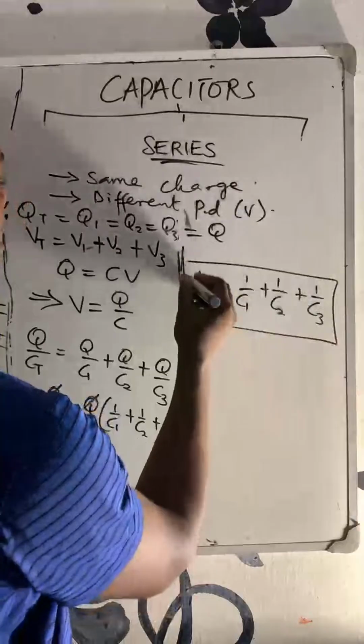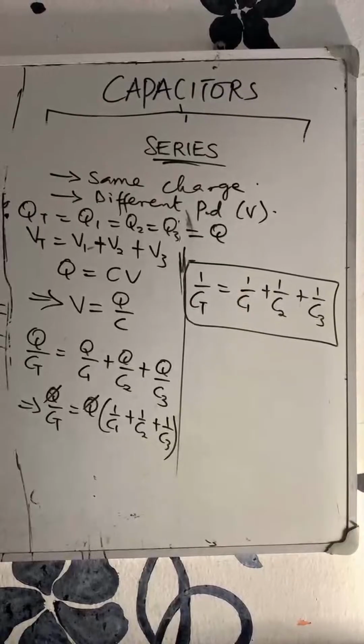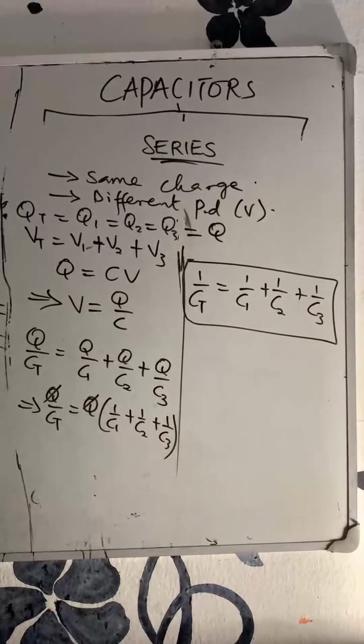That becomes the formula for calculating the total, net or equivalent capacitance for series.